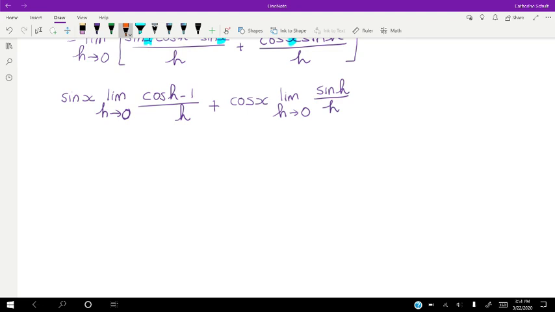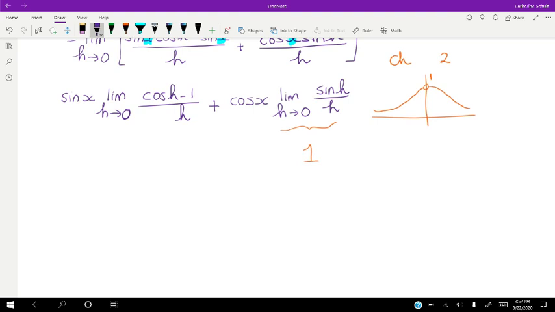So quick note, remember in chapter 2, we proved this limit graphically. And we saw that as h approaches 0, this limit is going to approach 1. So that was a chapter 2 proof. I'm just going to write 1 right there.